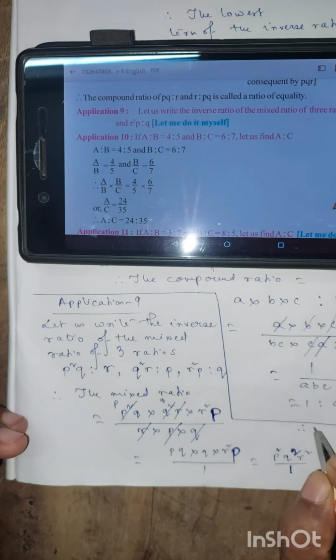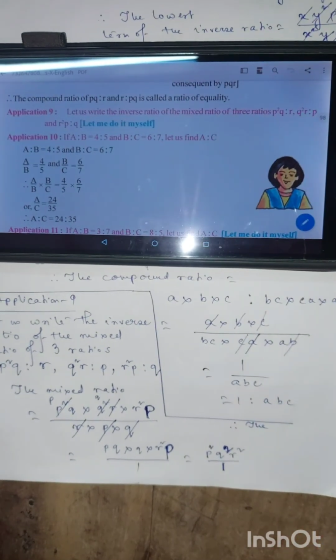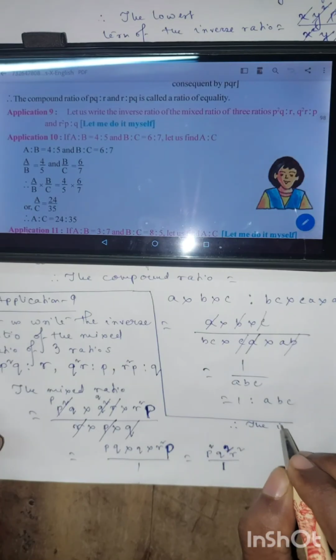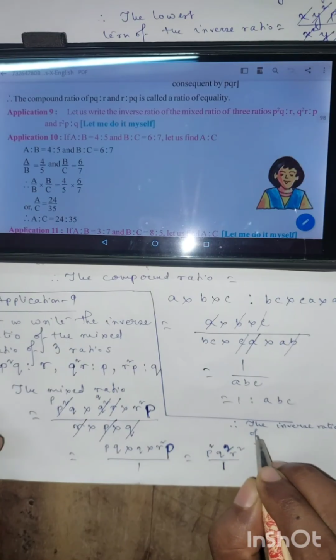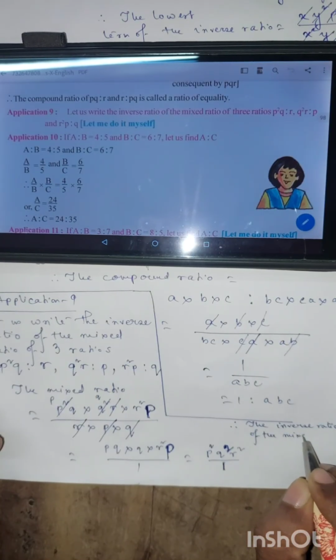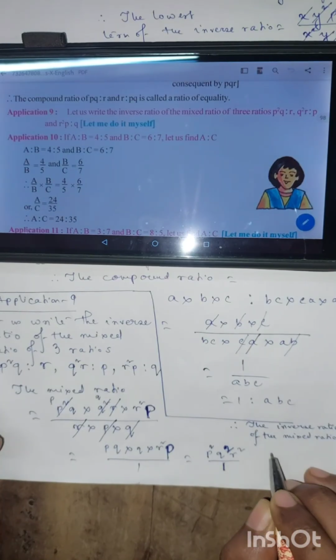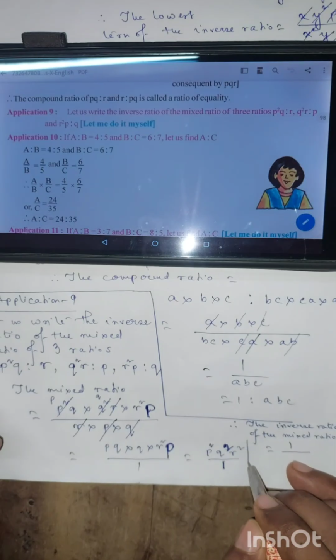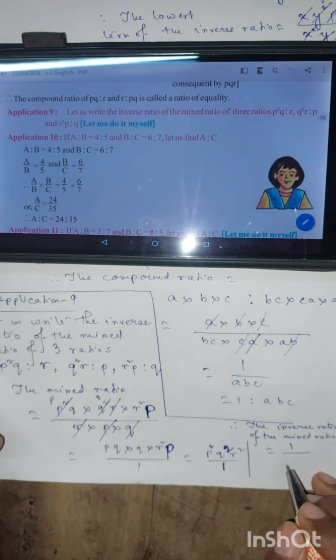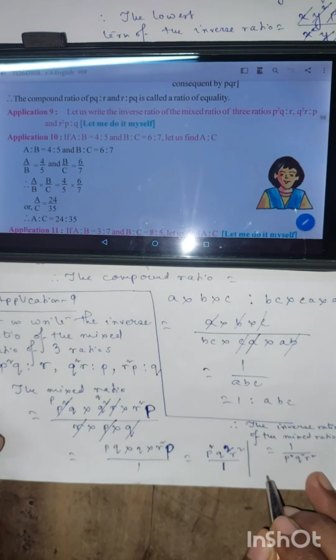Therefore the inverse ratio of the mixed ratio is equal to 1 by p square q square r square, or we can say 1 is to p square q square r square.